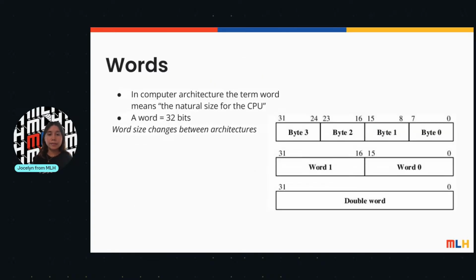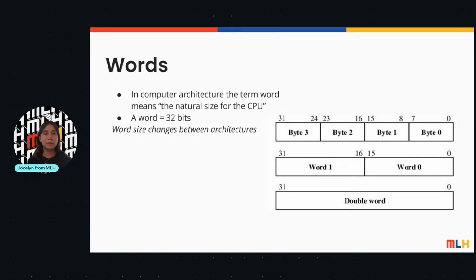All right, and lastly for this set, talking about registers and memory, there's another important word, which is called word. It's very redundant. In computer architecture, the term word means the natural size for the CPU, where you will be storing your registers. And a word is equal to 32 bits. When you are talking about computer architecture, it's very common that you will see half word, or double word.